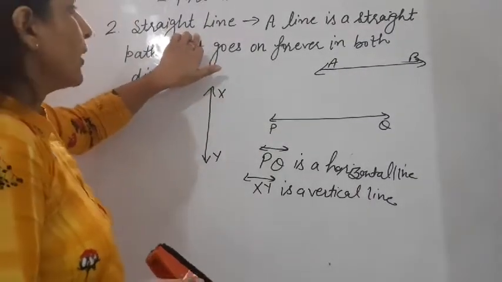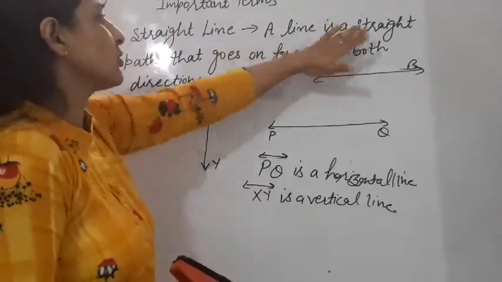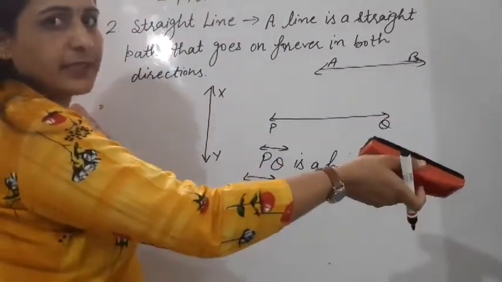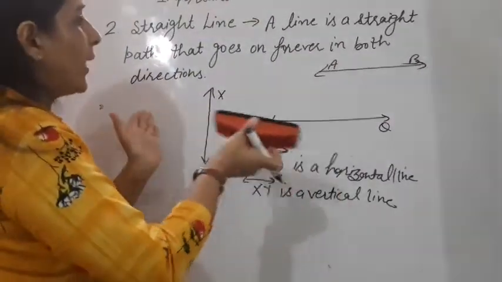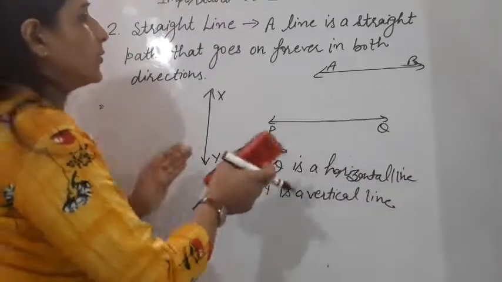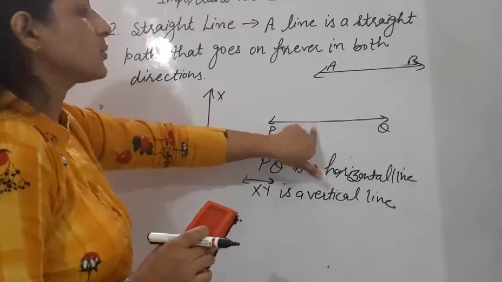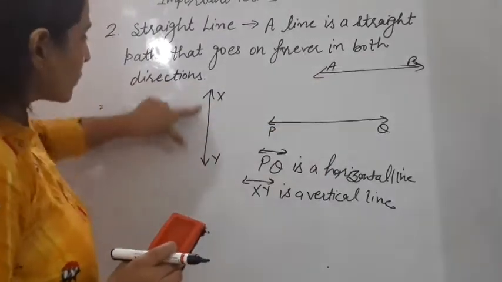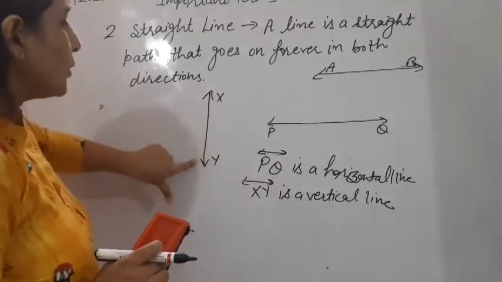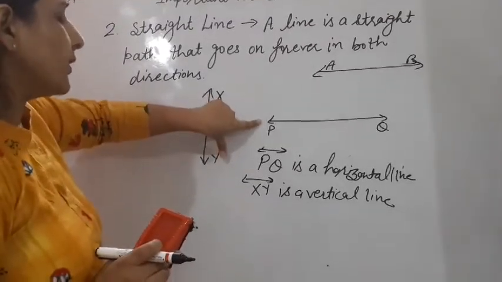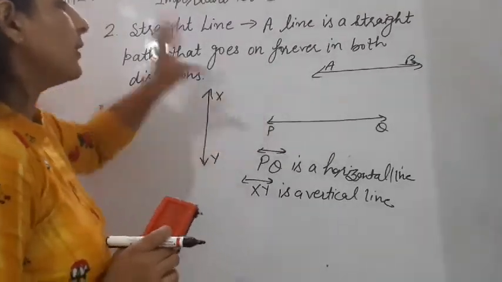I am telling you here about the line. A line is a straight path which is moving in both directions endlessly, without any definite length. This is also a line, this is a line, this is also a line. This is called your vertical line, and PQ is called a horizontal line.